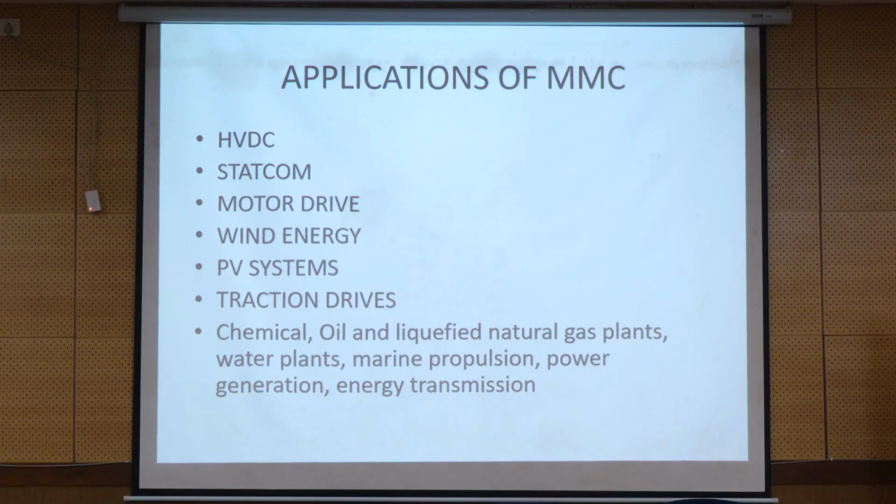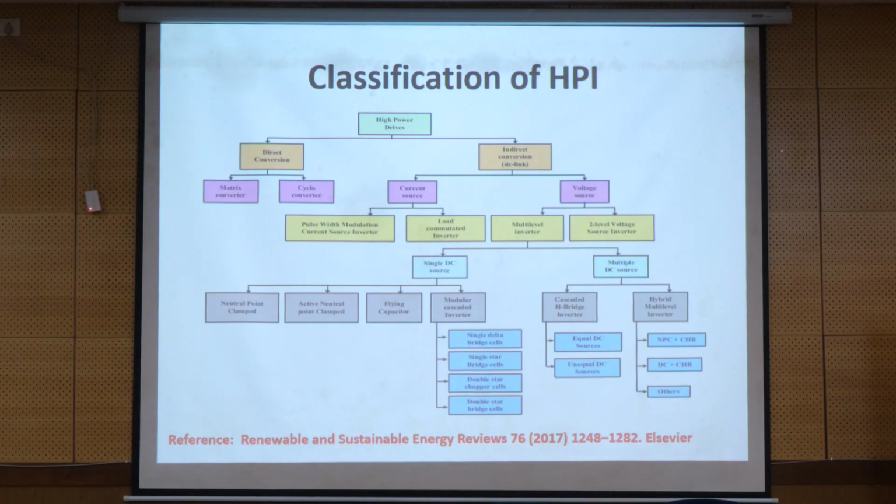Now we will move to the next part of the topic. The classification of high power inverters can be direct conversion or indirect conversion, which makes use of the DC link capacitor, and it can be a matrix converter or a cycloconverter.